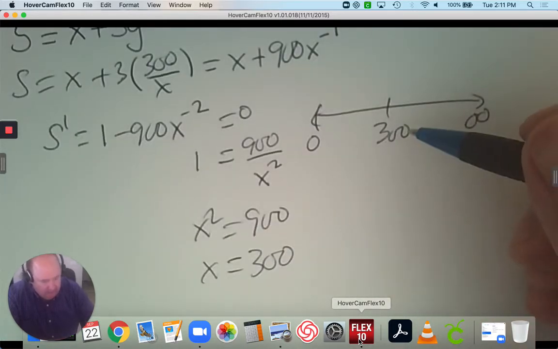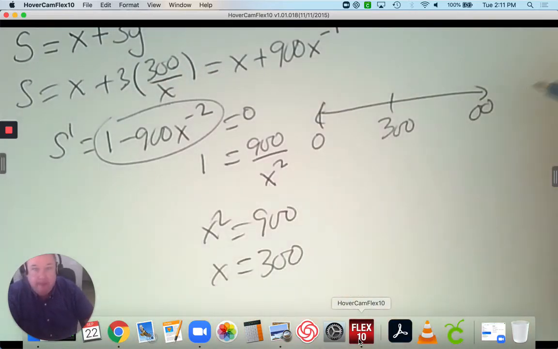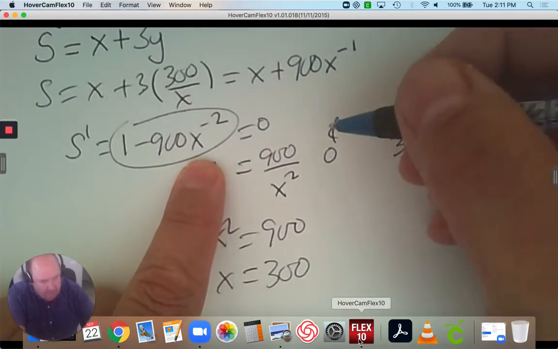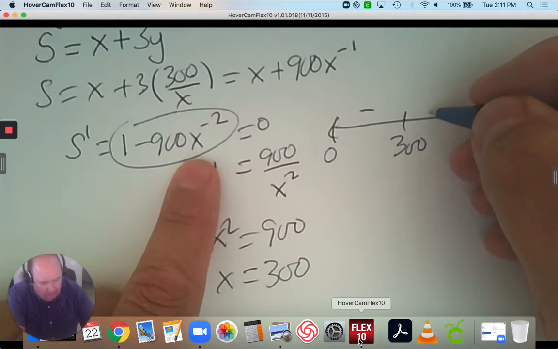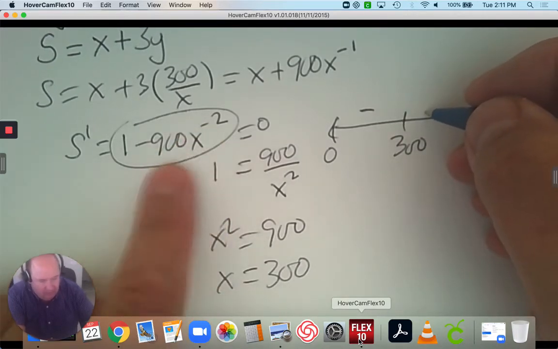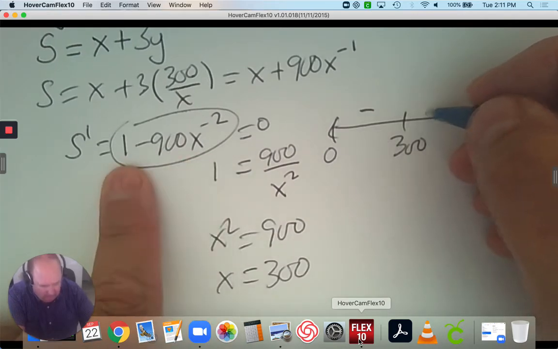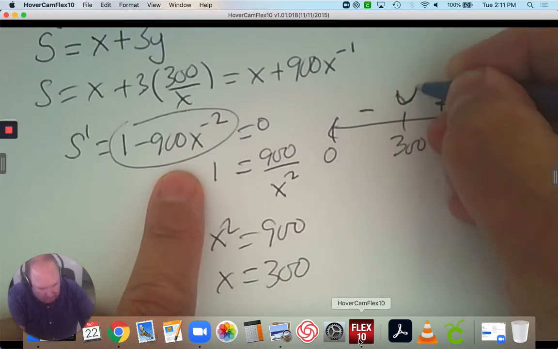If I pick a number to put into the derivative, pick positive 1, and you get a negative answer. Pick like a million or a billion, and eventually you get a fraction here. You know, it's 900 over x squared. That's smaller than 1. So this produces a positive answer. So this is a minimum.